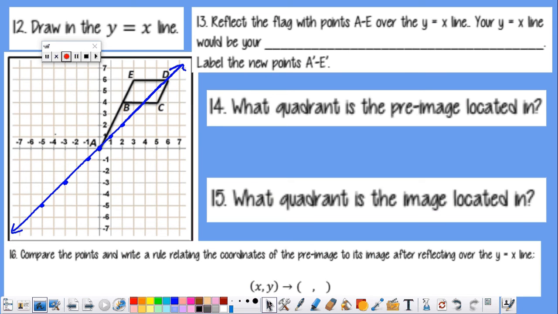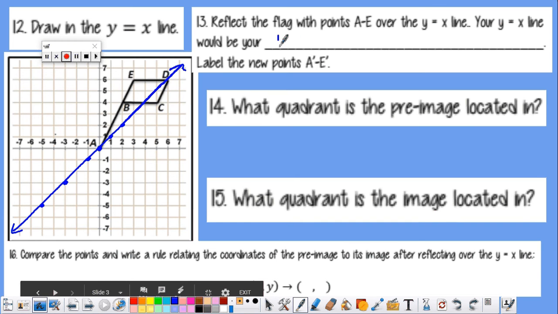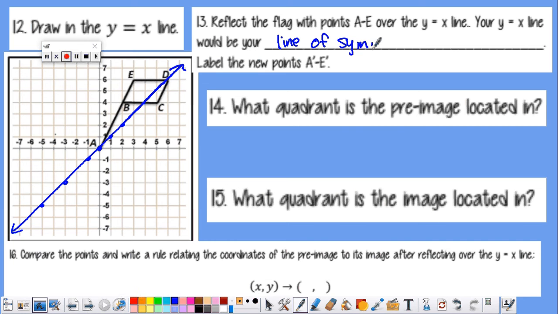Our line of symmetry. The line y equals x is our line of symmetry. So now we are going to reflect that flag across that line.